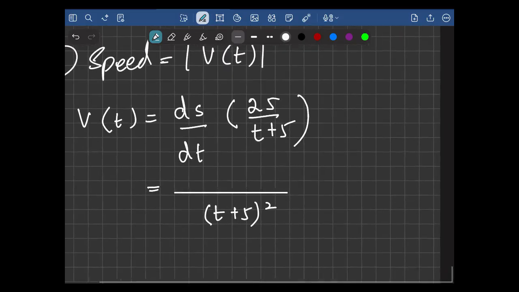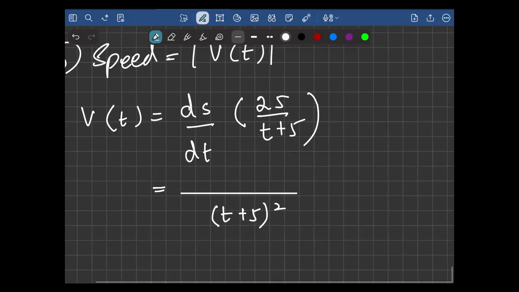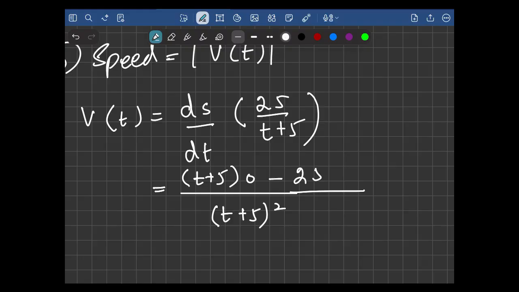Then we write the denominator once in the numerator again, t plus 5 there. And here we take the derivative of 25, which is 0. Then minus. Now we write the numerator as it is, and this time we take the derivative of t plus 5, which, of course, for t is going to be 1 and for 5 is 0.